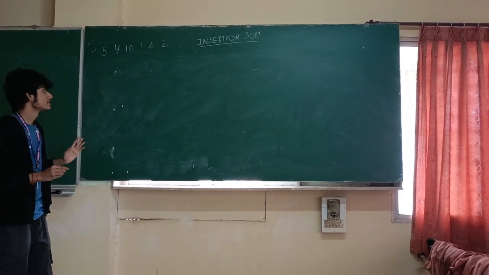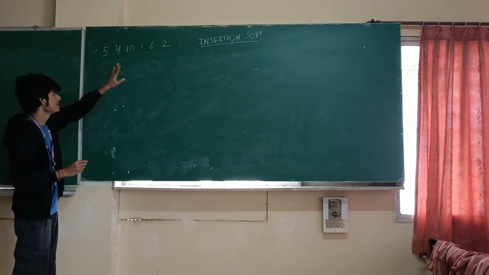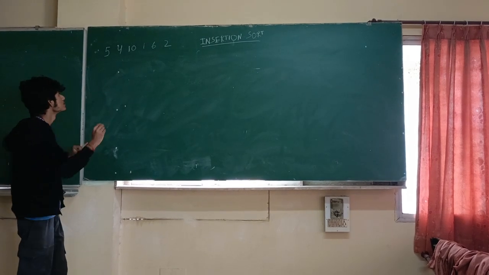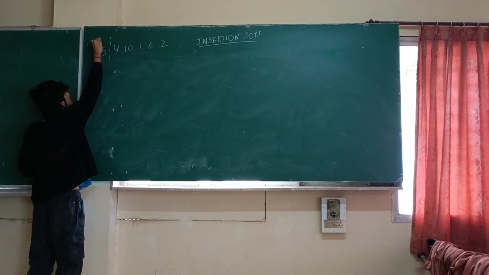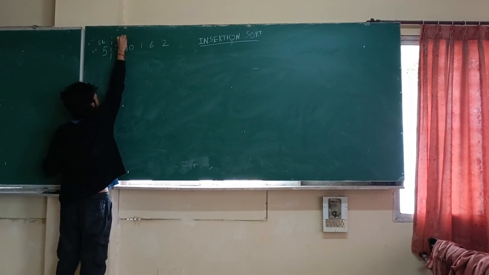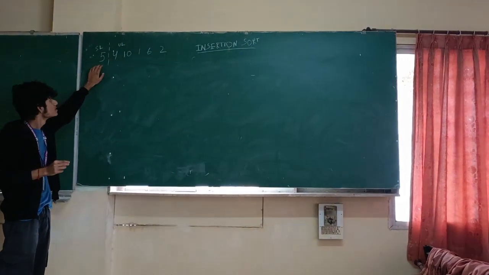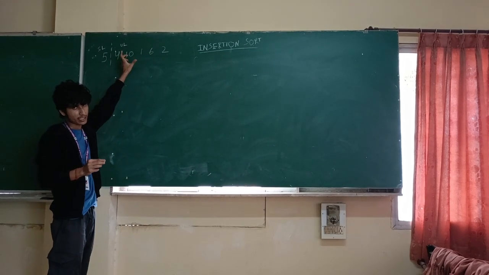We will start at the 0th index and divide the array into two parts, the sorted list and the unsorted list. So 5 is part of the sorted list and 4, 10, 1, 6, 2 are part of the unsorted list.